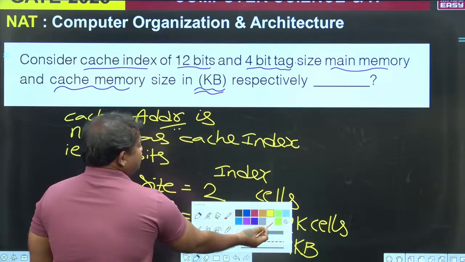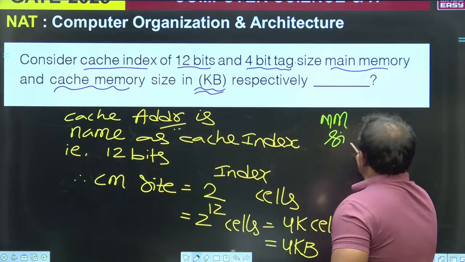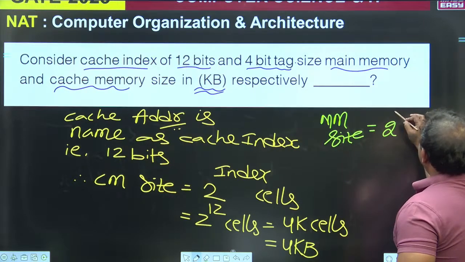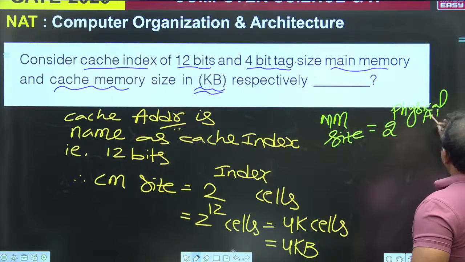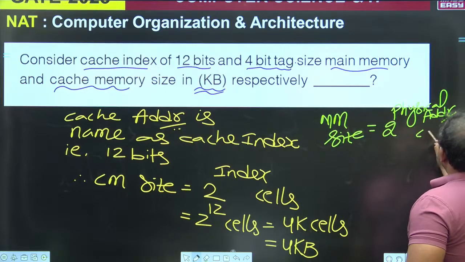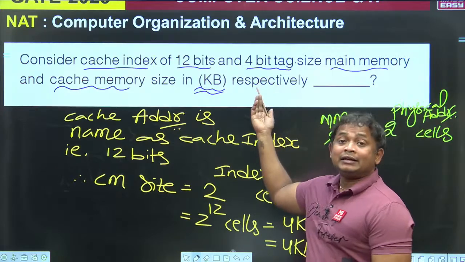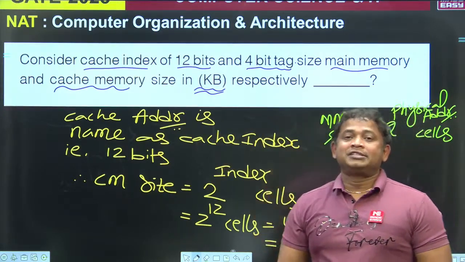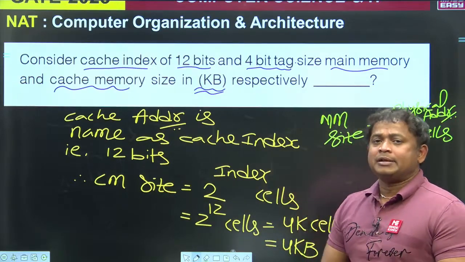Now come to the main memory. Main memory size is equal to 2 to the power of physical address cells. When we have the cache memory index and tag in the line, together it is the physical address, or we can say the main memory address.